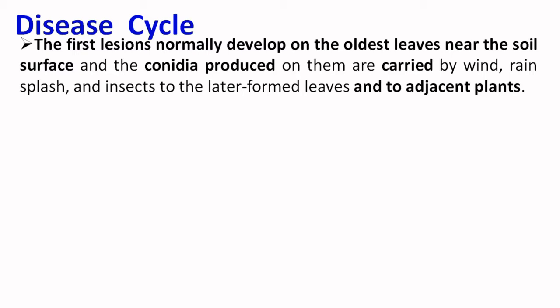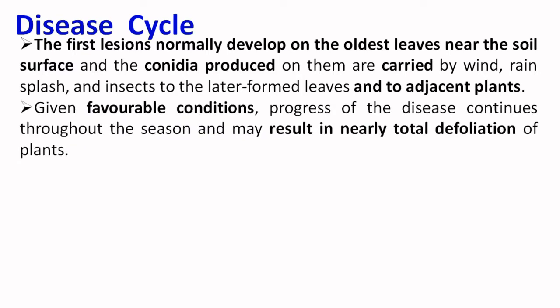After that, this fungal infection starts there, or the fungus initiates its colonization, and later it may spread to the adjoining plants or the nearest leaves also. So it is very important to remember that given favorable conditions, the disease will progress through the season and may result in nearly total defoliation of the plants.